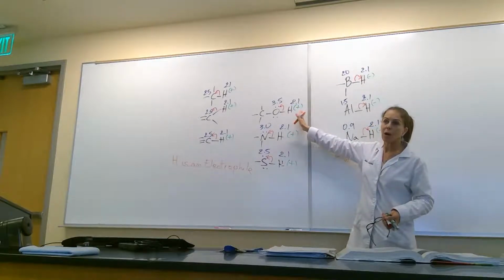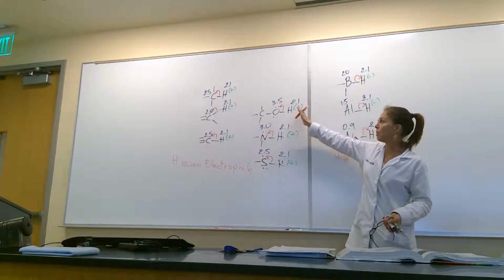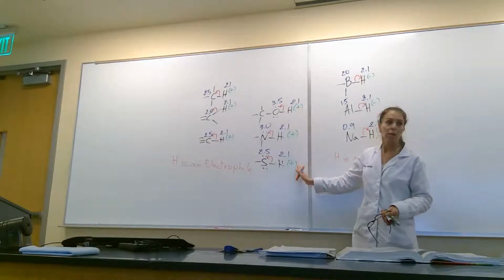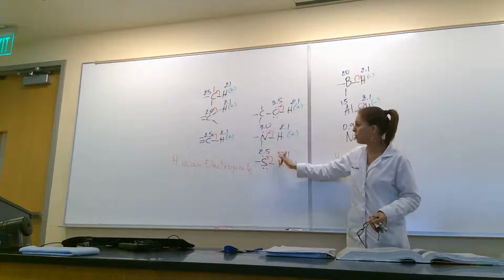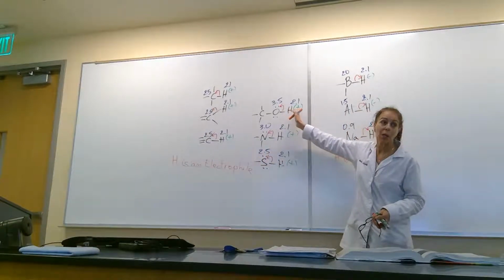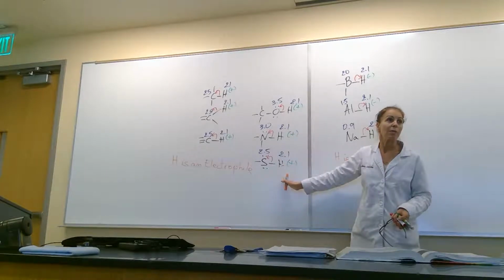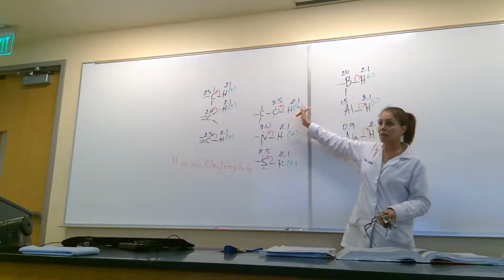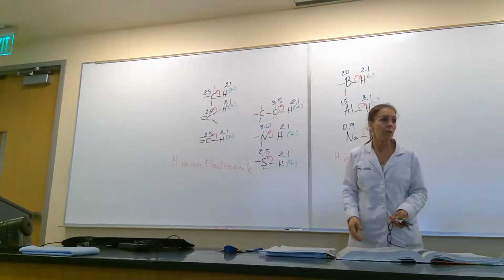So you know alcohols are acidic, but amines are not as acidic. But if you compare the alcohol to the thiol, because this is larger, even though the electronegativity is much bigger here, do you see? Still this will break faster. So this is more acidic than alcohol because of the length of the bond.